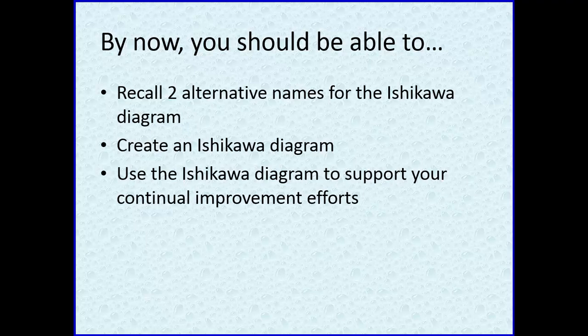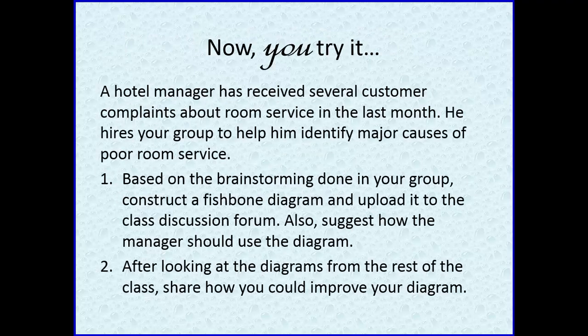It's time for you to practice. I want you to get into groups and work with your group members in order to brainstorm several causes that could cause the effect of poor room service.